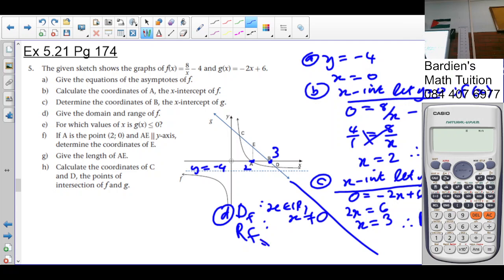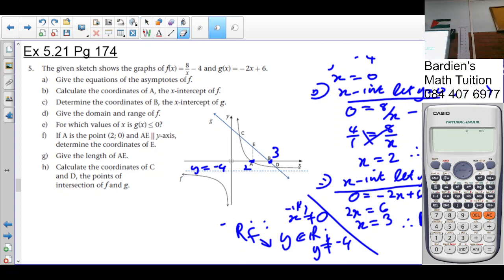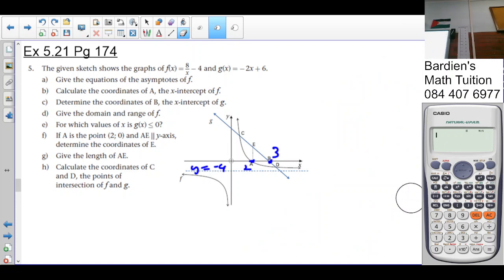The range of f: the graph is going to negative infinity and positive infinity. So y is an element of all real numbers, y is just not equal to negative 4, which is what is excepted. We dealt with that. We answered a lot of domain and range questions when we were sketching these graphs. It still applies.